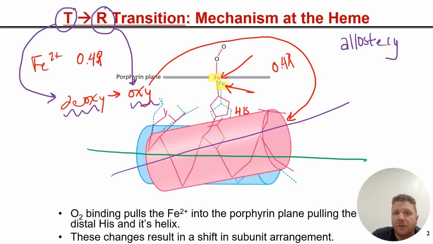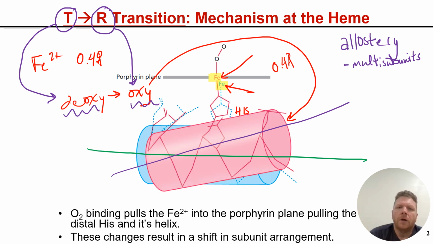Hemoglobin is an allosteric protein. Myoglobin is not an allosteric protein. The reason for that is these allosteric proteins typically have multiple subunits, which hemoglobin has, but myoglobin does not.